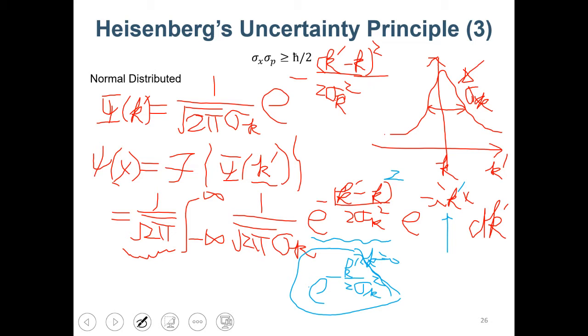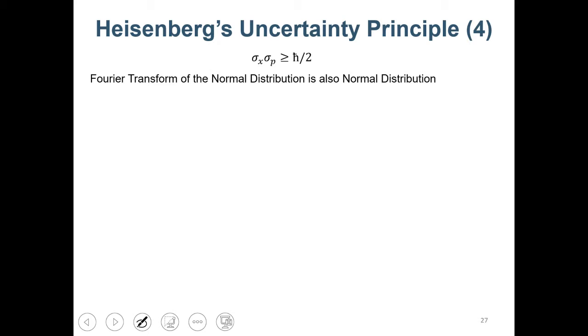Then you will complete a square, and finally you will get something like this. Just a couple of steps, so it's not so difficult.